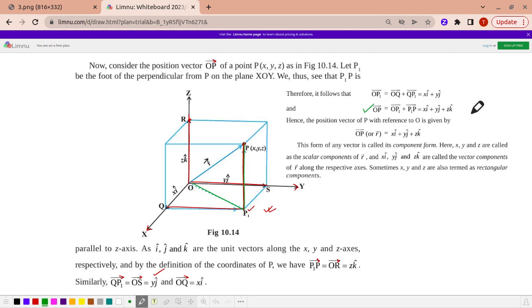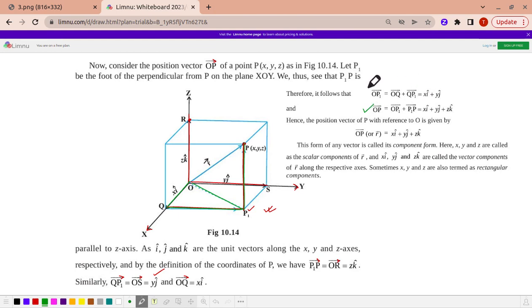Now, what is OP1? The OP1 vector is nothing but the addition of the vector OQ and QP1. What is the vector OQ? OQ we have seen earlier, it is xi cap, and we know that the QP1 vector is nothing but OS, which is yj cap.